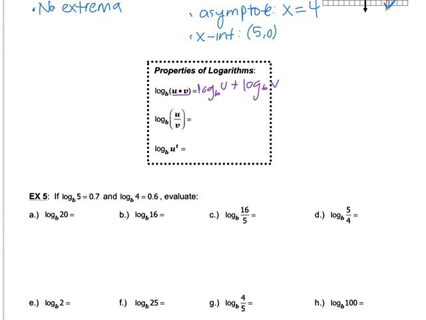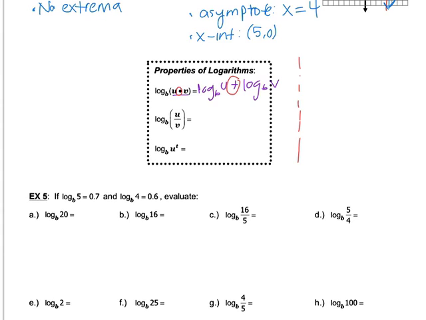This relates directly to our exponential properties as well. I'm going to show you why this makes sense to me. If you've got the log of two things multiplied by each other, you can separate them by adding them.